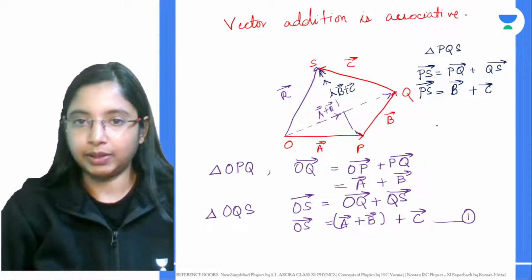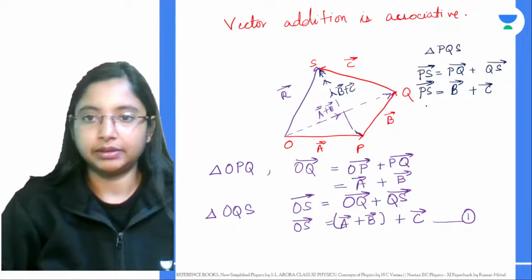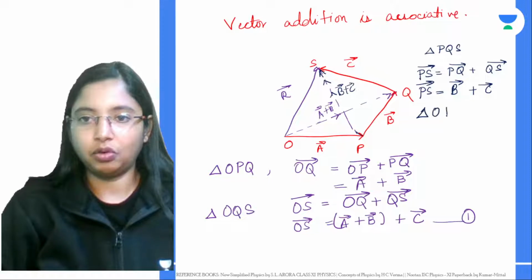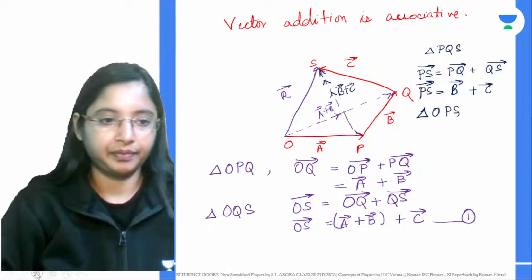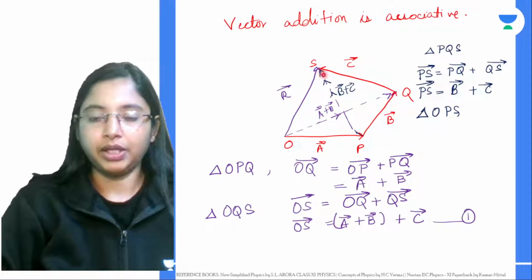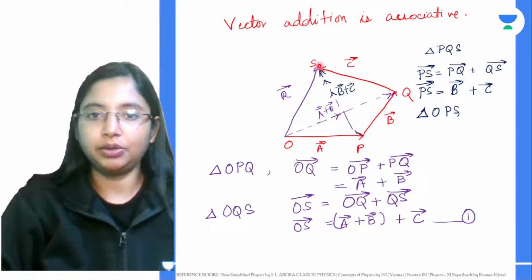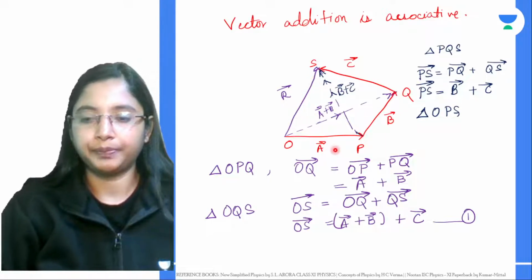Now let's consider one more triangle, that is O, P and S. This time we're going to consider this triangle OPS. In this triangle, if you take this OP vector plus this PS vector, it is equal to OS vector, right?